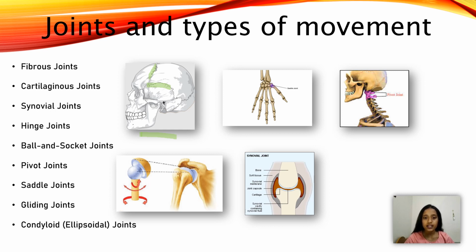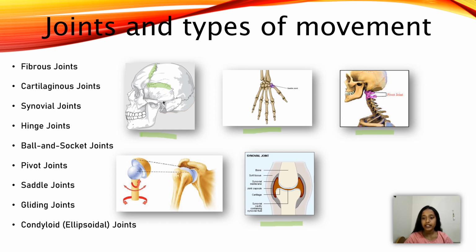Here we can see the saddle joint. The saddle joint is usually present in the wrist, between the smaller bones. The pivot joint is present between the vertebrae and the last bone of the skull. And here we have the synovial joint. The synovial joint is present between the bones and the cartilage.